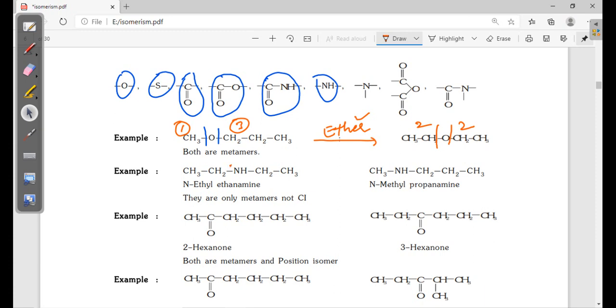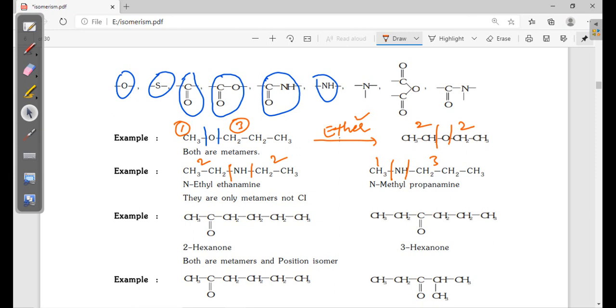Here NH is there, and here also NH is there, but here two carbon chains, and here one carbon chain and three carbon chain. When the polyvalent functional group's attached alkyl chains are different, those are called metamers.